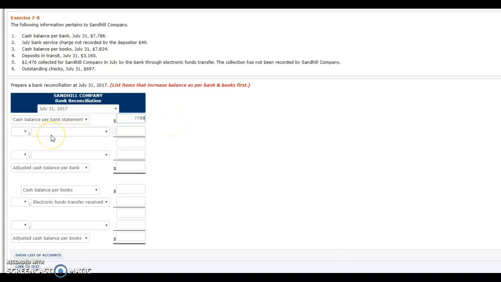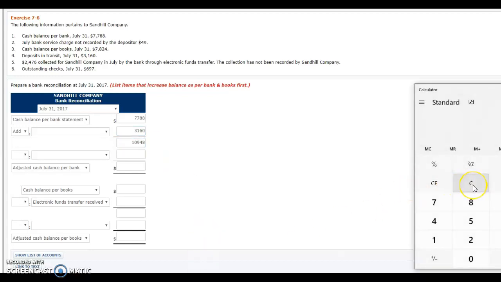Then we're going to add in the deposits in transit, because since they're in transit, the bank doesn't know about them yet. So we're going to add those in, 3160. If we add those together, that gets us 10,948. To double check that, we've got 7788 plus 3160, 10,948.